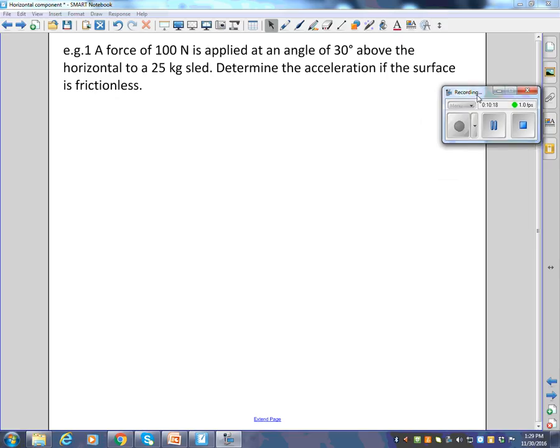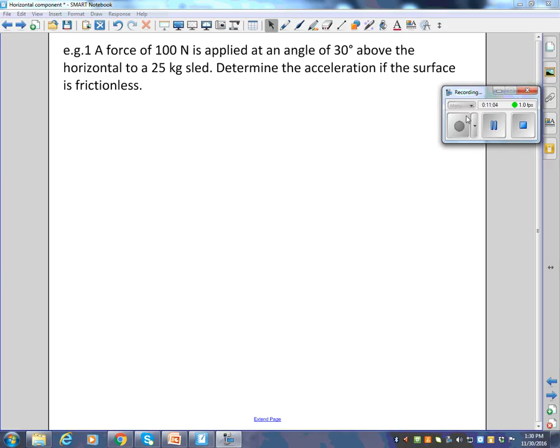November 30th. Here's example number 1. What you're going to find is we're going to do 3 problems, and they're going to get increasingly more difficult.